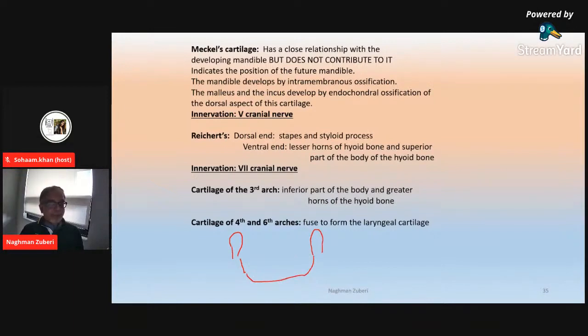So they say it looks like a long bone which is bent, but the development is not endochondral, like the development of long bones. It is like other bones of the skull. The ossification is intramembranous. We have to keep this in our mind.